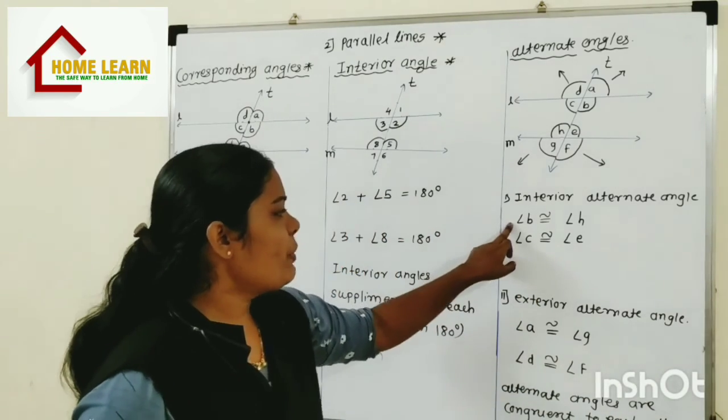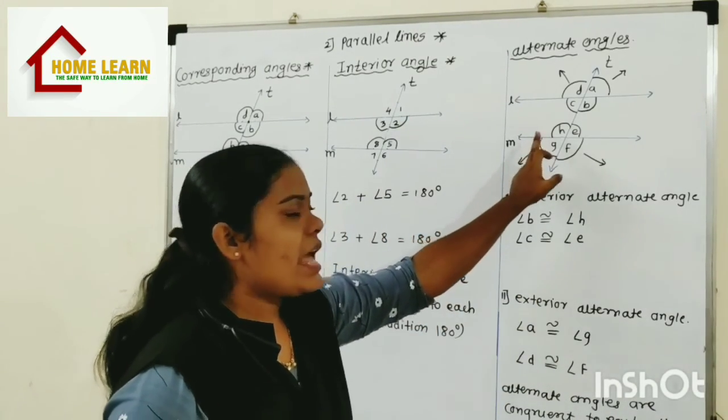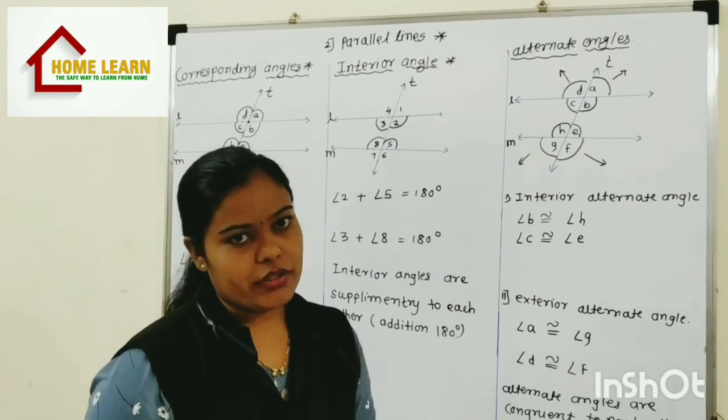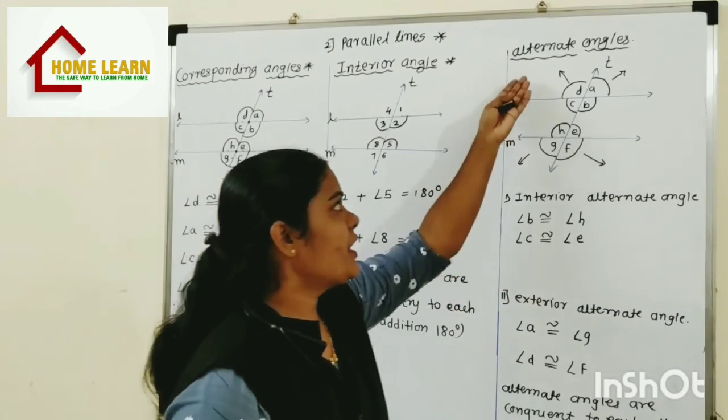If one pair of alternate angles is congruent, then the remaining pairs are also congruent. This is the property or theorem of alternate angles.